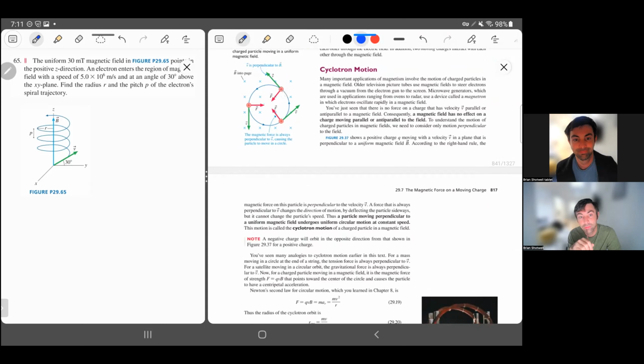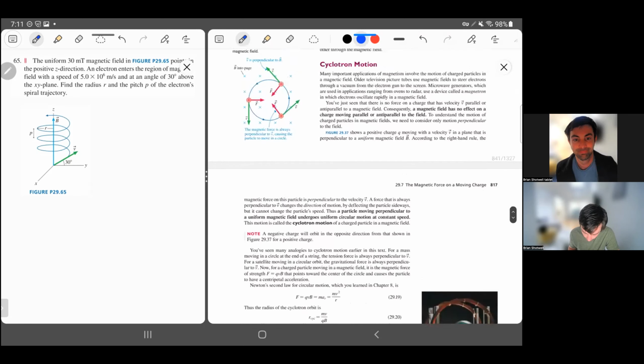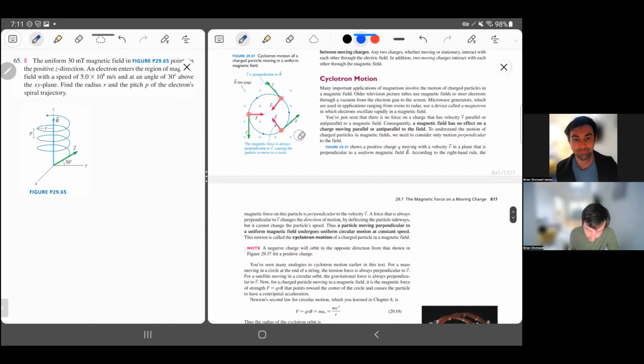So the charged particle moving around in a circle has a corresponding cyclotron frequency. We can actually get a formula relating some of the quantities in this picture. The key insight is that if the force is always perpendicular to the velocity, then the velocity is going to start to turn, and the charged particle is going to start to turn.